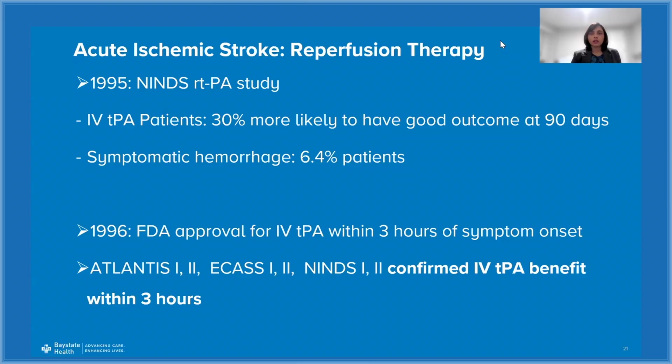It's important to know that this was only approved for within 3 hours of symptom onset. So if you deal with anyone presenting with a stroke or a stroke-like symptom, it's important to know when they actually had these symptoms or when they were last seen normal.